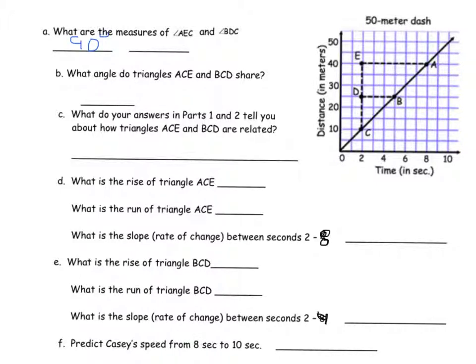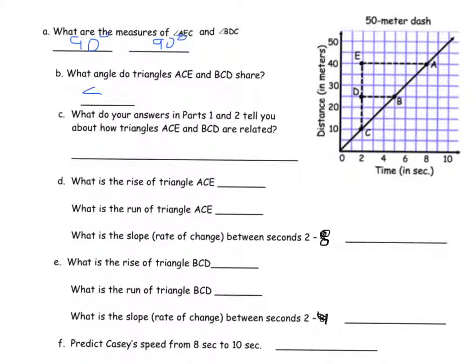Then let's look at BDC. So this angle right here also forms a 90-degree angle. It is a right angle. All right, then what angle do the two triangles have in common? Well, if you look, they overlap and they have angle C in common.